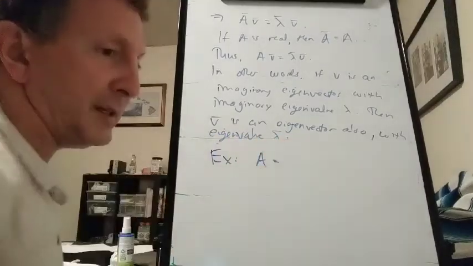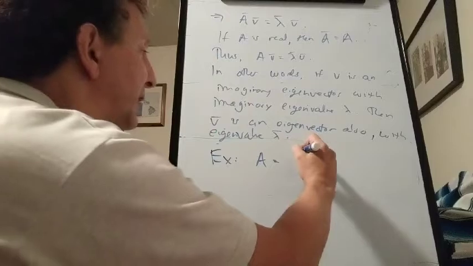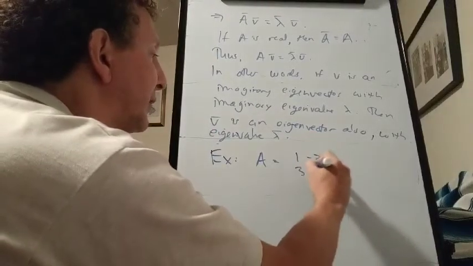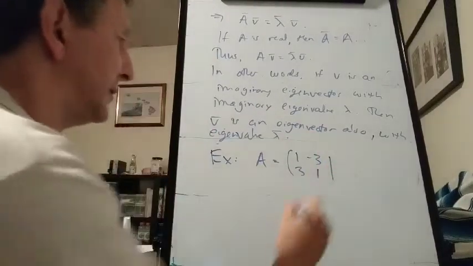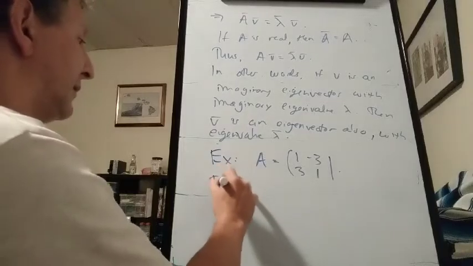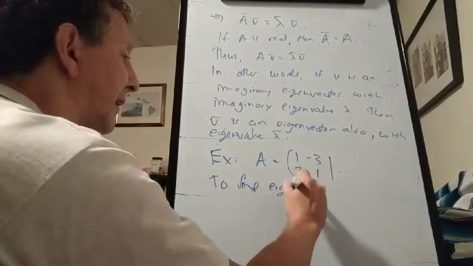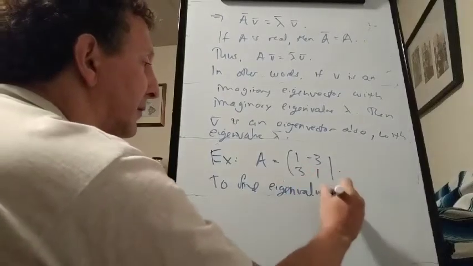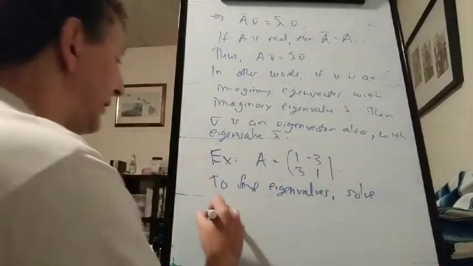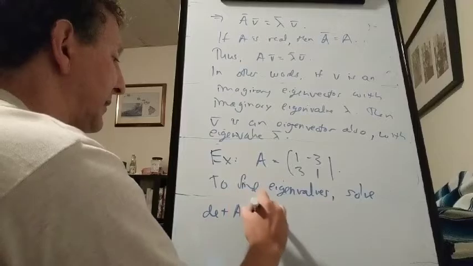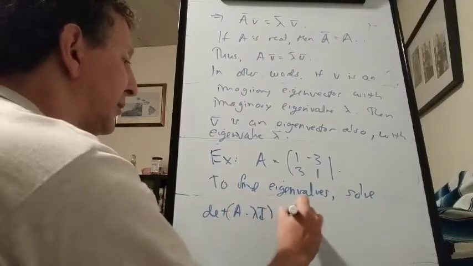Let's let A be the matrix 1, -3, 3, 1. So to find the eigenvalues, we'll solve determinant of A minus lambda I equals 0.